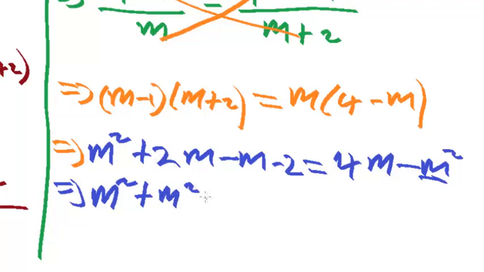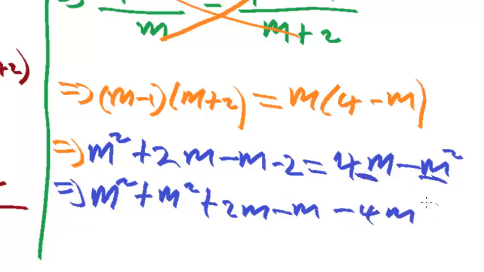Then I have here 2m, then I have here minus m. Then I'll bring this one to the left side. That will be minus 4m. Nothing is left at the right side, so equal to 0. So we proceed from here.